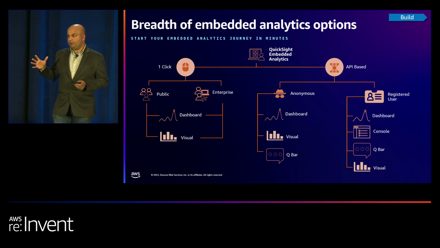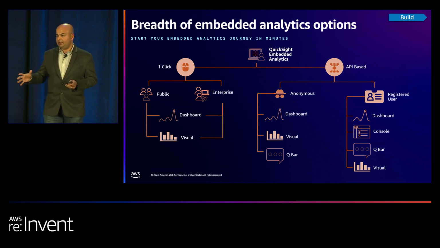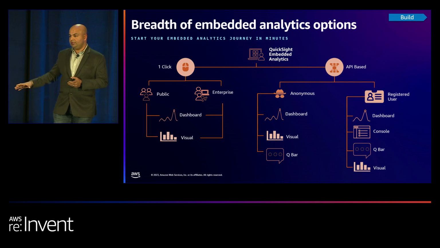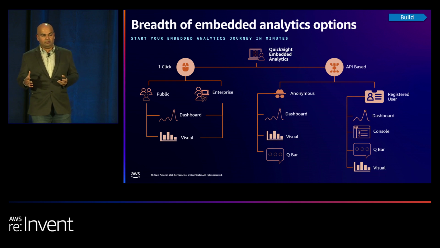One is where you have named users within QuickSight, and so you're able to store the users within QuickSight, manage them in QuickSight, and so on. The second is where you have anonymous users, as we call them, which just means that in QuickSight, you don't have any users, but all of your users are managed on your servers. This just means that when you load a dashboard, you are telling QuickSight, hey, I want this dashboard filtered down to, for example, location equals Seattle or location equals Las Vegas.